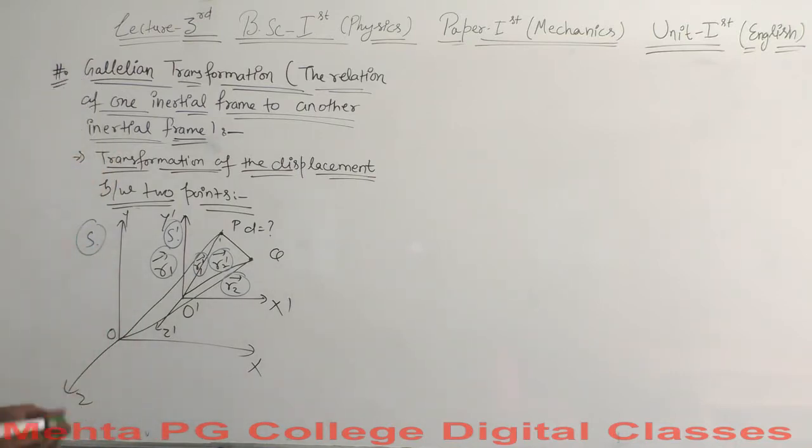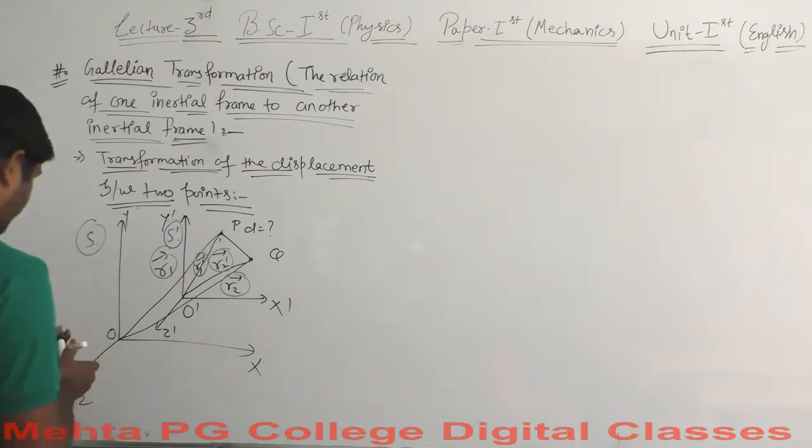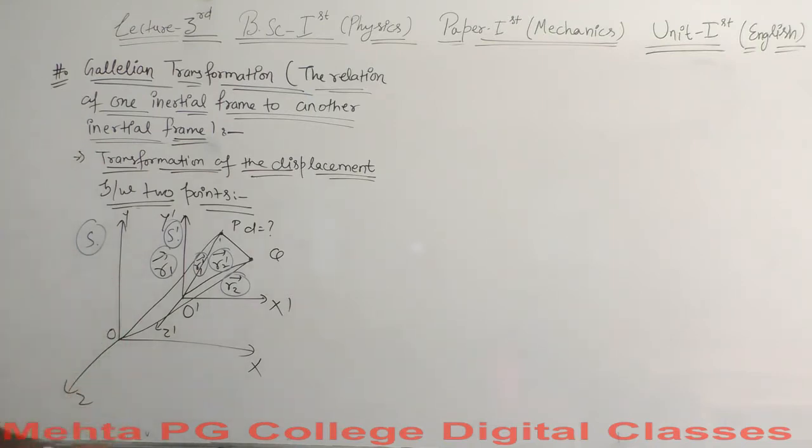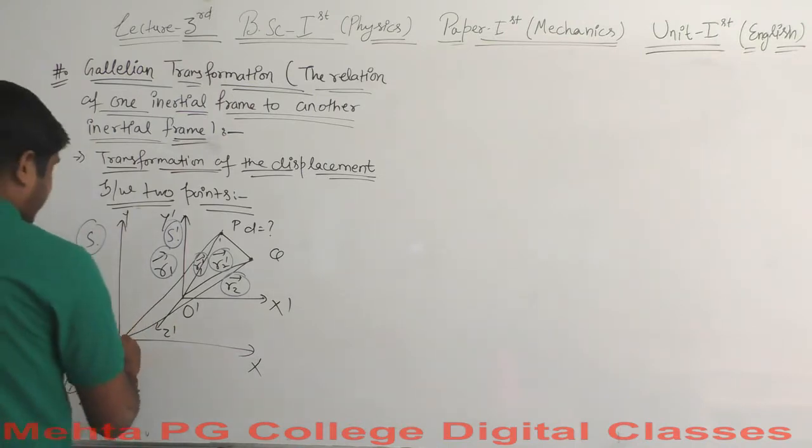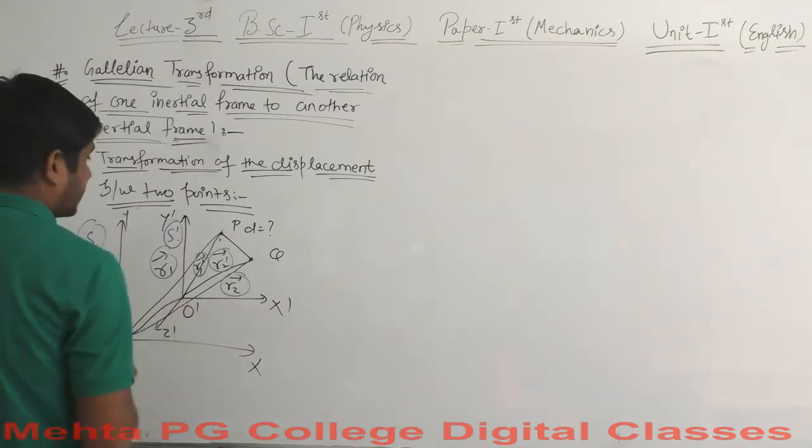Again, one more position vector that I forgot here is the position vector joining O to O dash, the displacement vector here. This is the displacement.